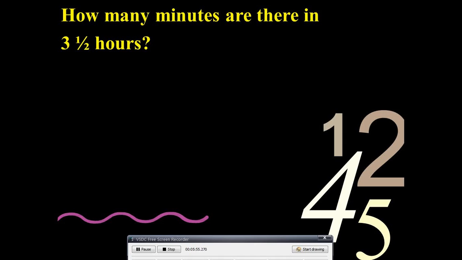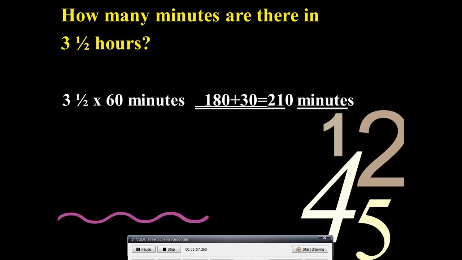And before this slide we learned that 30 minutes equals half an hour, so we will then add them. So as we can see here, 3 hours is 180, half an hour is 30, and when we add them together, 180 plus 30, we get 210 minutes.